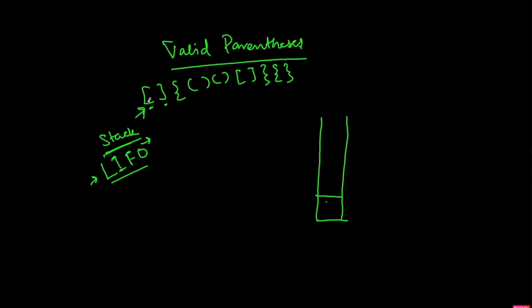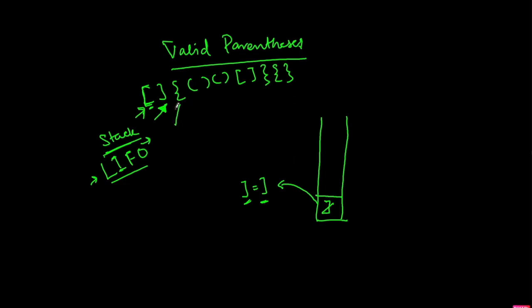First we have a square bracket open, so in the stack we'll push the closed one. When we find the close bracket, we will pop from the stack and match if these two are the same. These two are the same, so this is popped, and that means so far our string is valid.